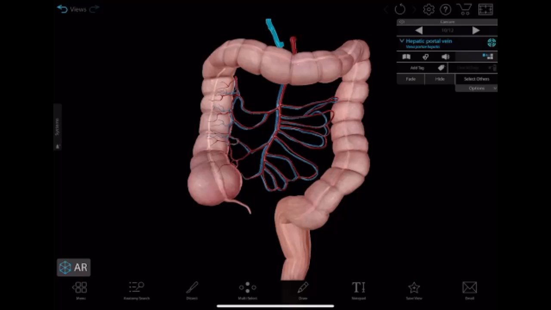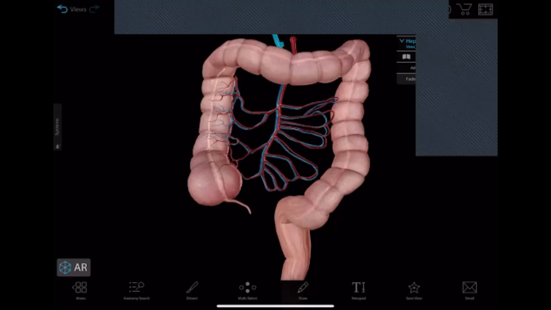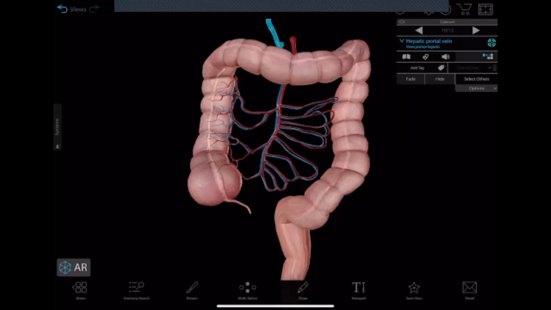So it is directly related to the psoas major. That is called the psoas test. The forced extension of the right thigh in such patients causes increased pain in the right iliac fossa, right?